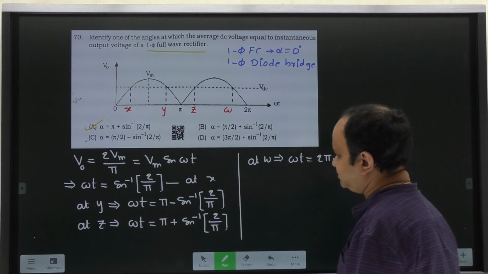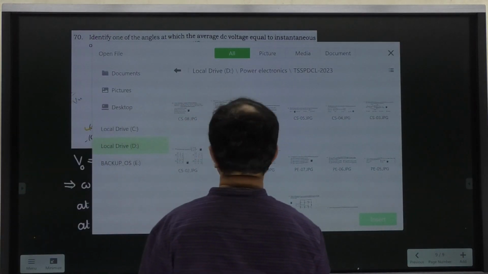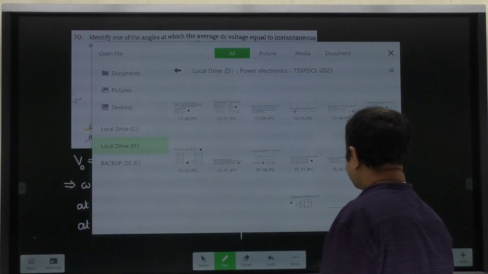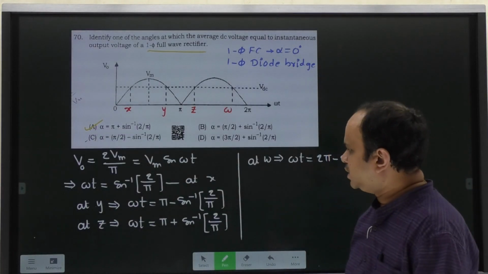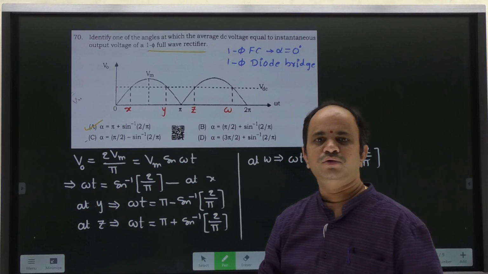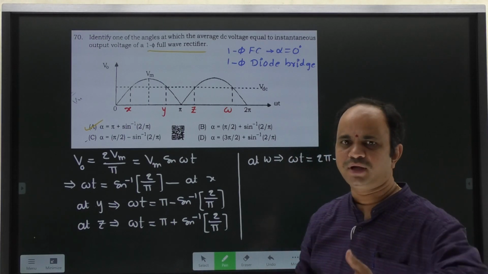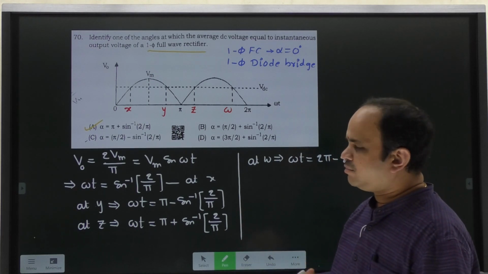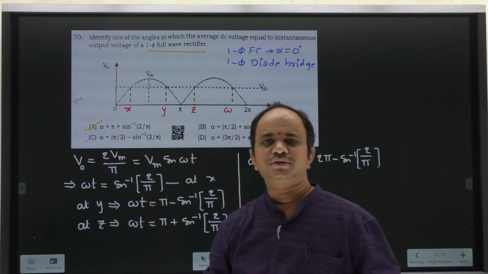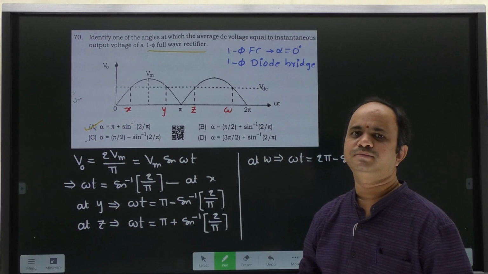So with this, let me check for any more questions in power electronics. All right, so these are the questions from the power electronics subject. Now let me share my view on this paper, especially from the power electronics subject, being a corresponding faculty here. From last year onwards, even last year's NPDCL exam also, the paper is not so easy.